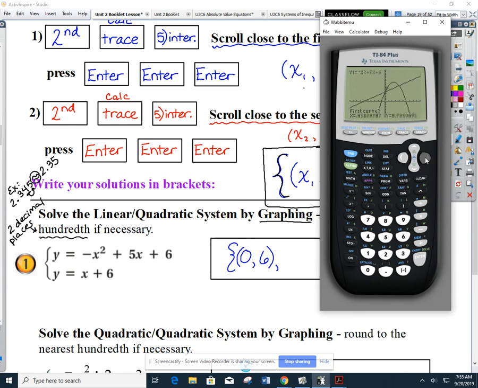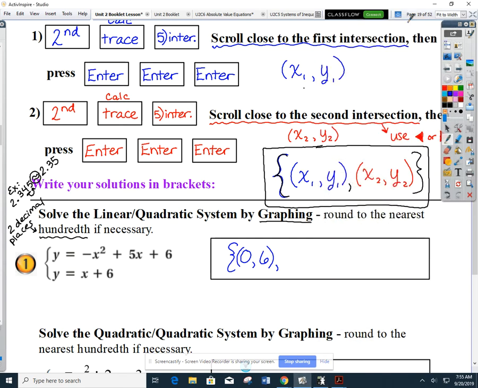And we use the right arrow to get closer to the second intersection. Hit enter 3 times, and we see that it's at 4, 10. So this is telling me my solution is 0, 6, and 4, 10.